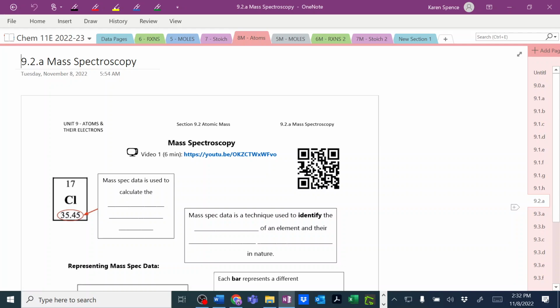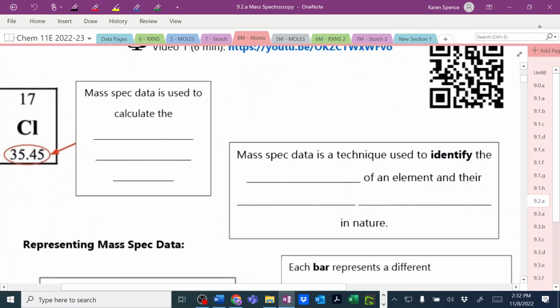Okay. So in essence, in mass spectroscopy, you throw particles through a big machine and it puts magnets there and the particles bend in response. Now, if you are a bigger, heavier particle, will you bend more or less than a little teeny tiny particle? You'll bend less.